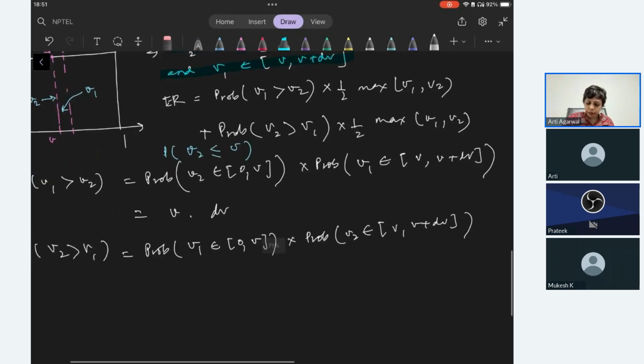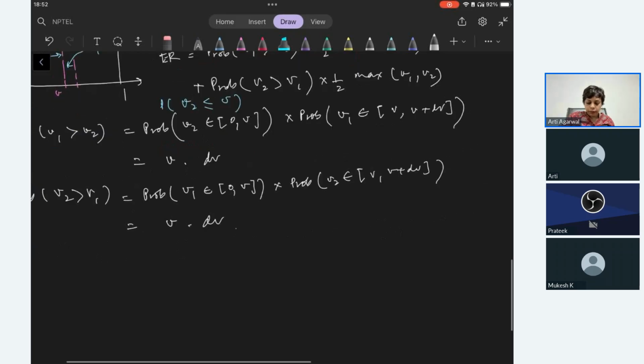The same thing, so you will obviously get the same value, right? So now we know the probability of both these things happening.